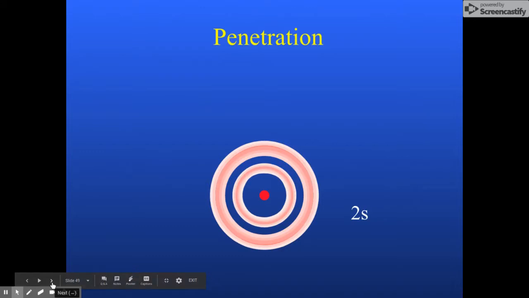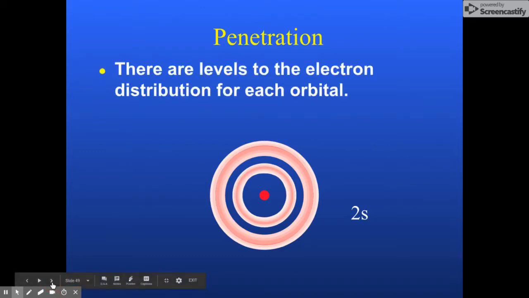All right, so penetration. There are levels to the electron distribution for each orbital. Because they have different shapes, they have different electron distributions. So an S sublevel is the name that we gave for a sphere-shaped area of probability. Now, these S electrons are more attracted to the nucleus than the P electrons are, for example.